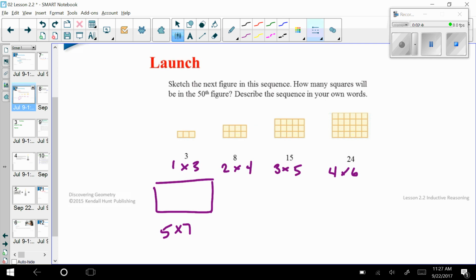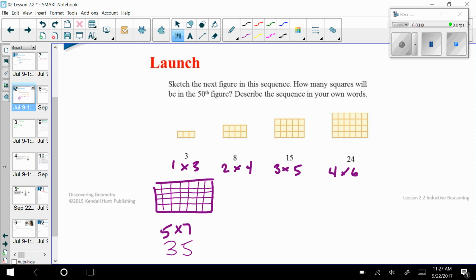So we'll have 35 blocks. 5 times 7 is 35. So we've got 1, 2, 3, 4, 5 blocks high. 1, 2, 3, 4, 5, 6, 7 wide. So that's 35 blocks.